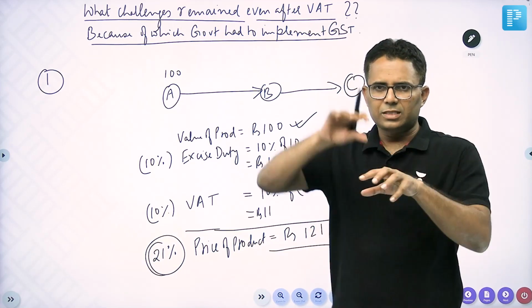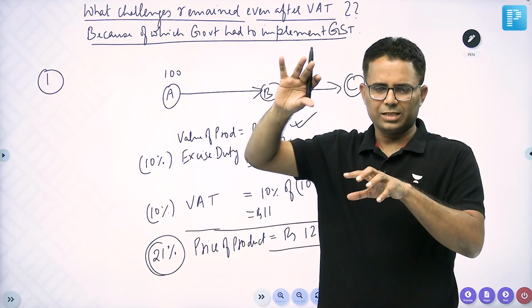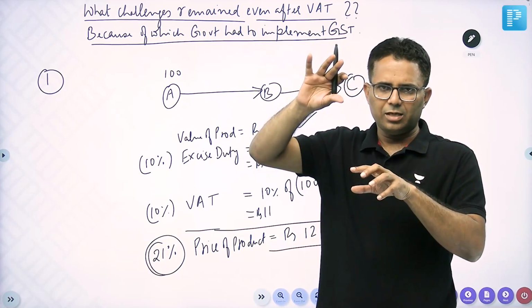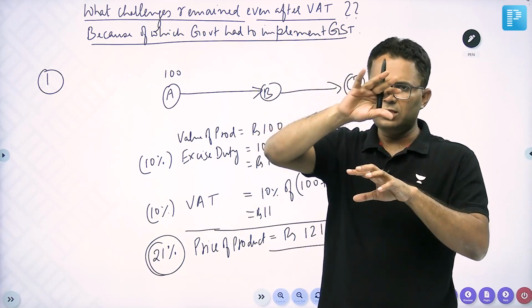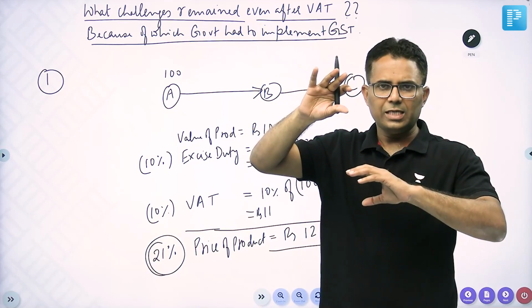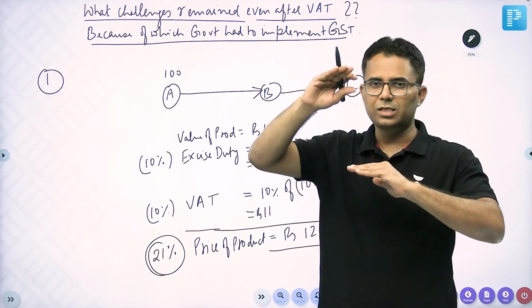But if the central government is imposing its own excise duty, and the state is imposing its own VAT, then VAT and excise don't adjust against each other.